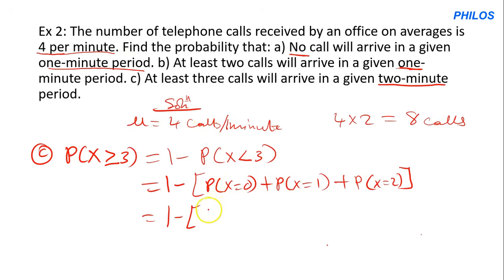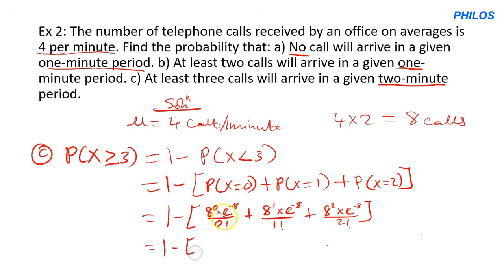Okay, so you have to be very careful. So that will be 8 exponent 0 times e exponent negative 8 divided by 0 factorial plus 8 exponent 1 times e exponent negative 8 divided by 1 factorial plus 8 exponent 2 times e exponent negative 8 divided by 2 factorial. So that will give us 1 minus into bracket.